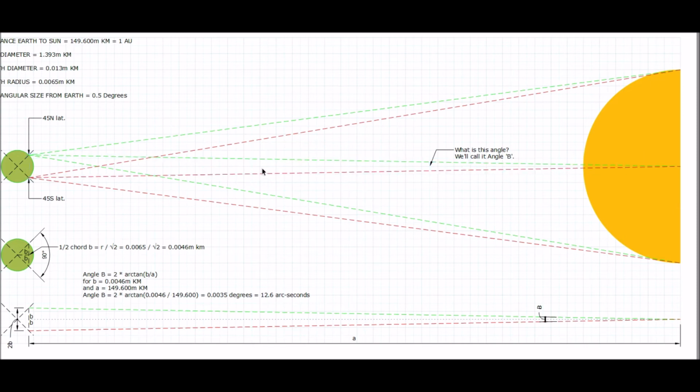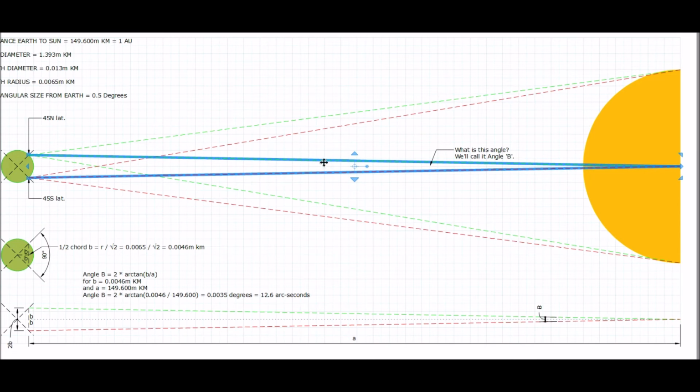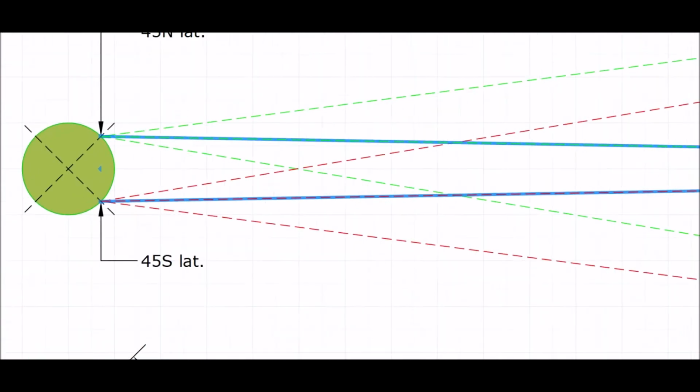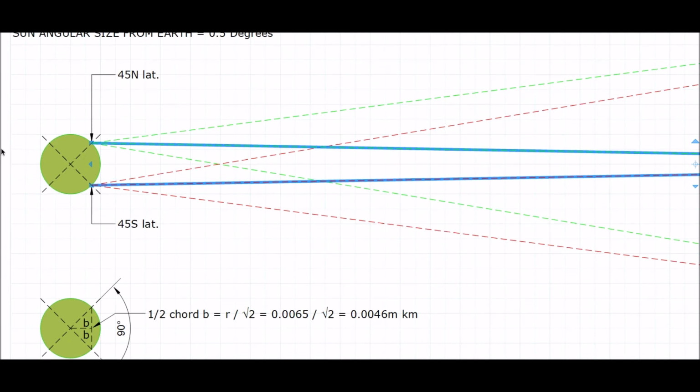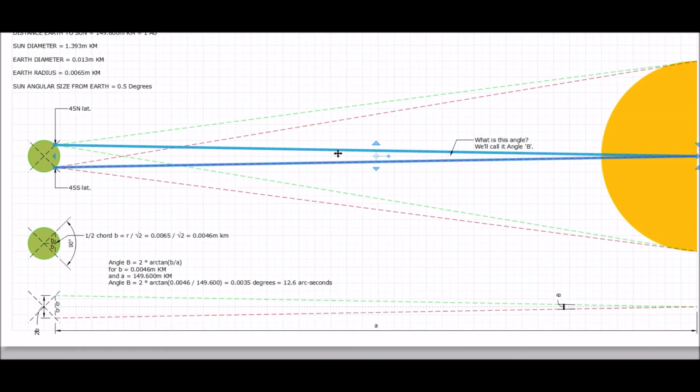What it comes down to is we want to know the angle between these two lines, and that is simply an isosceles triangle. These are the two equal legs, and the base of our isosceles triangle is the chord length, the straight line distance between our two observers, not the distance along the surface of the sphere, but just the straight line across. So that's the isosceles triangle we want to solve for this angle.